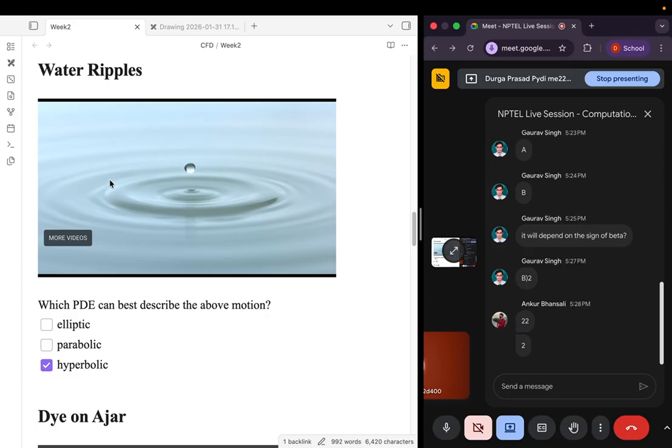So you can see here disturbance is kind of everywhere. So why do we say that it is still hyperbolic? Is the question clear?